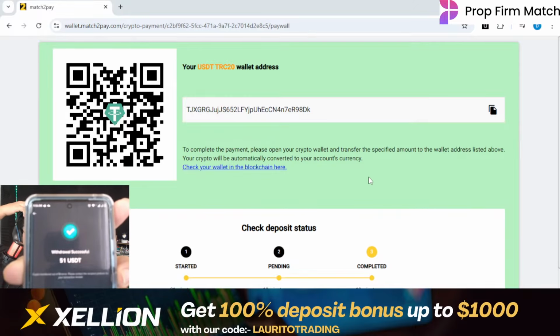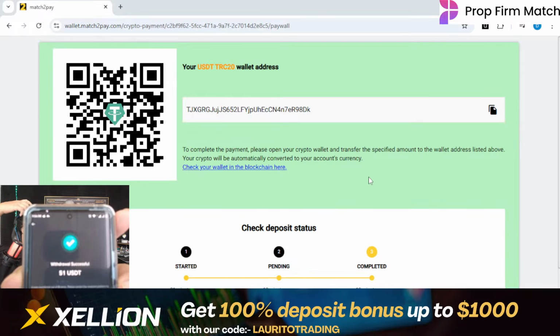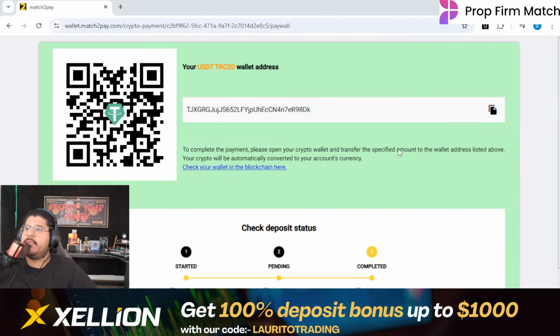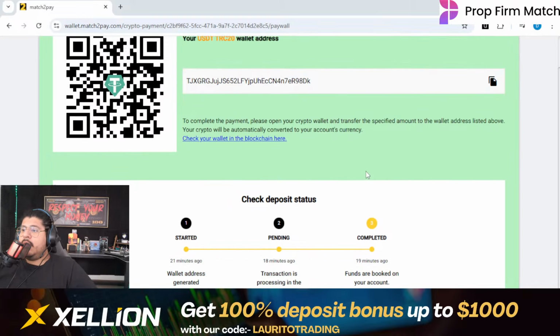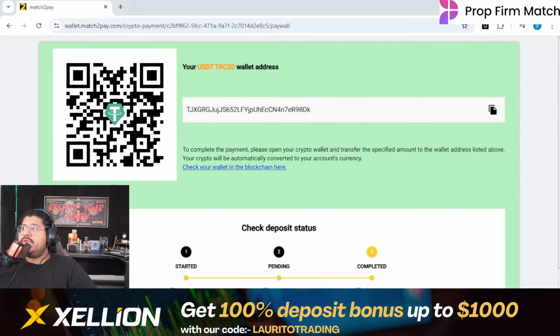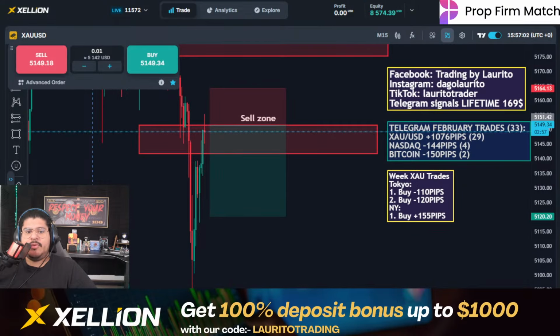Of course, USDT always has a little commission of $1. But well, as simple as that. That is the deposit. You receive the funds instantly, in less than 2 or 3 minutes. You receive the money into the broker.